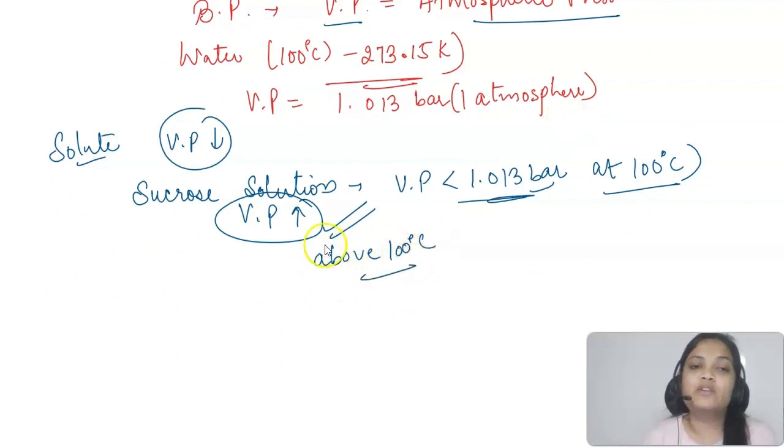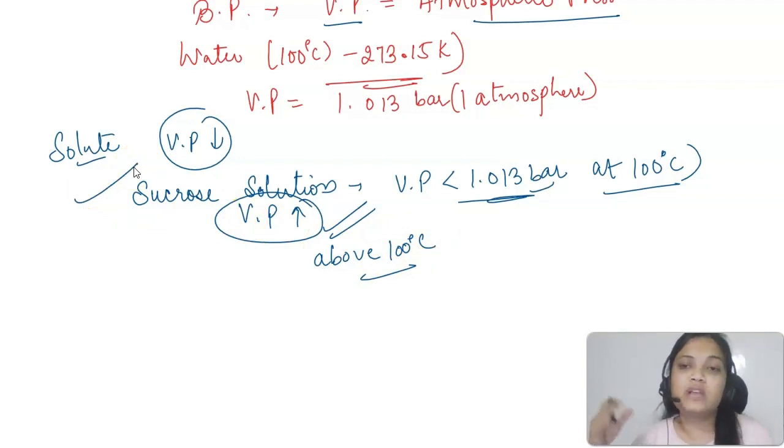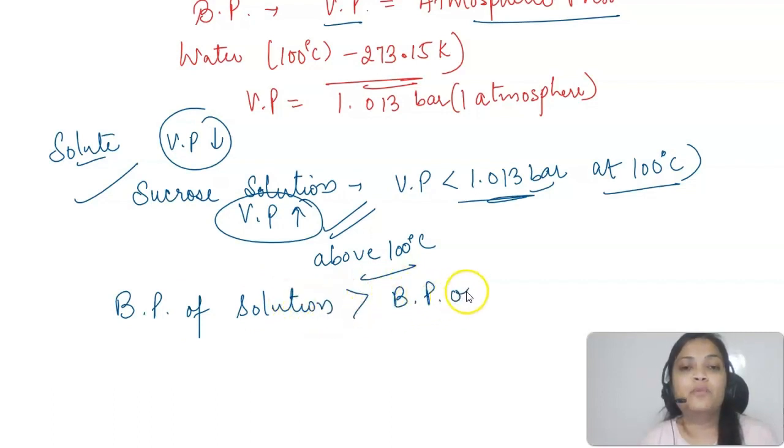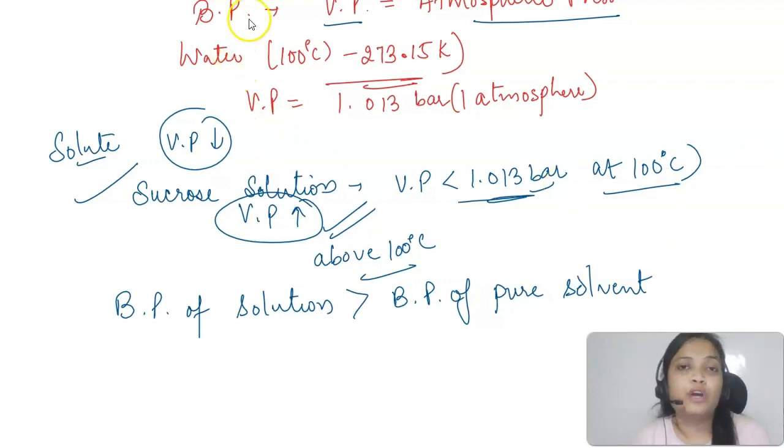So this sucrose solution will boil at a temperature above 373.15 Kelvin. That is why we say that the boiling point of the solution is always more than the boiling point of pure solvent. This is what we call the elevation in boiling point.